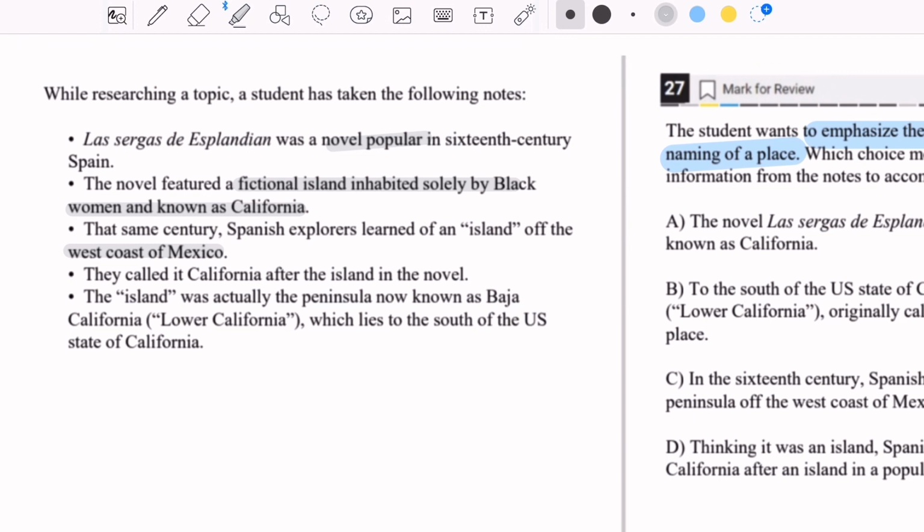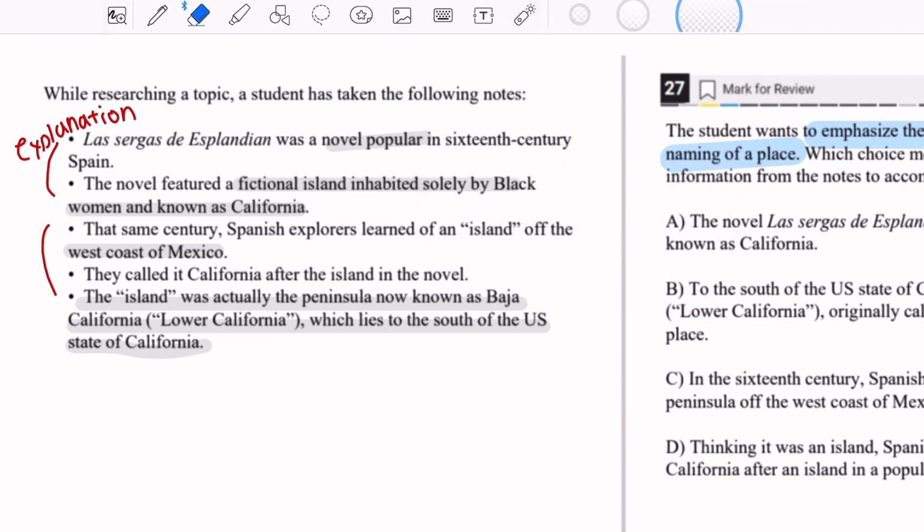The island was actually a peninsula now known as Baja California, Lower California, which lies to the south of the U.S. state of California. So the bullet point above is like an explanation of the general idea. Then this explains about, over here it's showing the explanation, and over here it says how and what misconception it has.